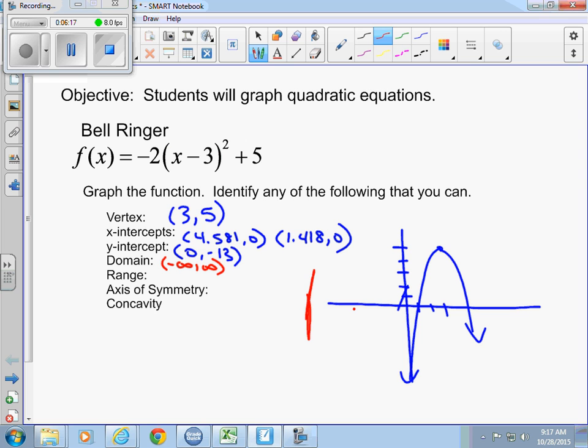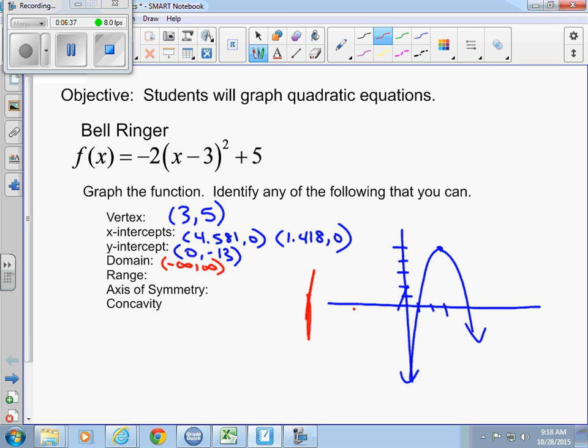Does this keep going? Yes. That's negative infinity. And it doesn't go out this way. So domain is what are the x values, and I have x values all the way from negative infinity.